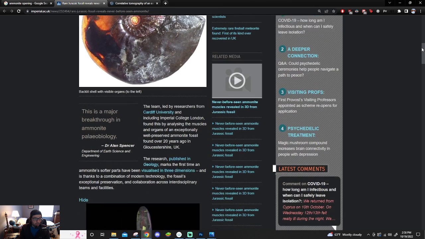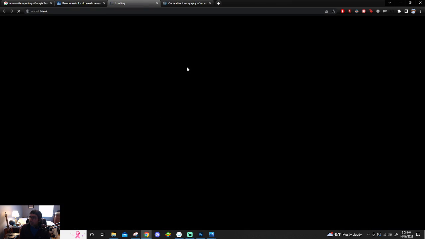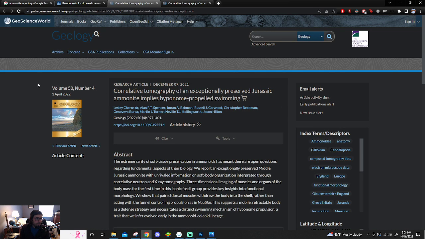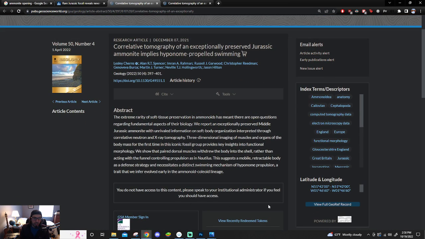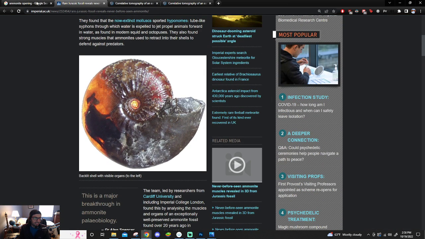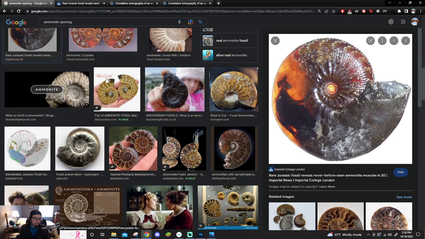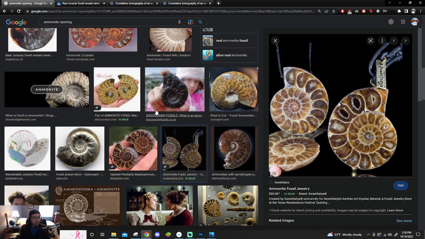Go to the paper even, I guess. Buy this article. See how they reduce the capacity for free flow of information. But maybe let's look at some cross sections.